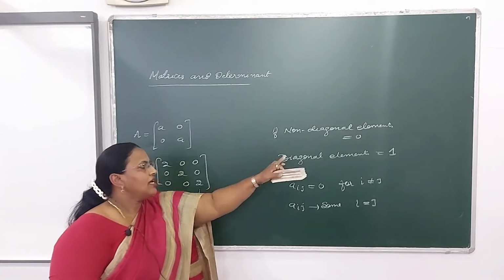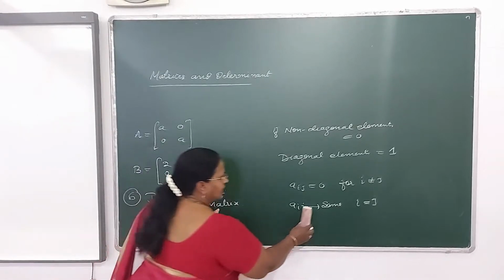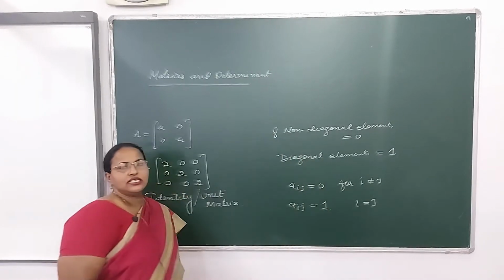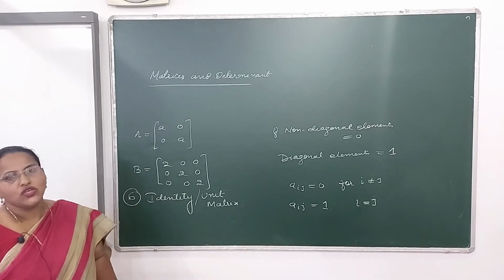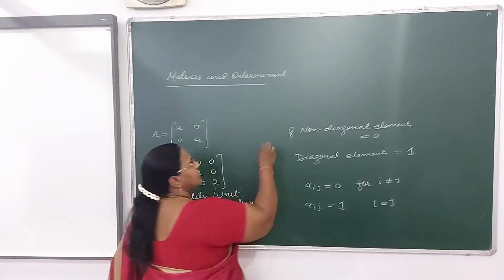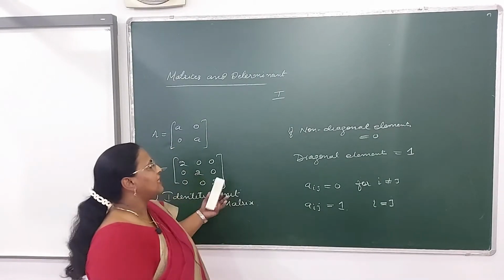So if the non-diagonal elements are 0 and the diagonal elements are equal to 1, then the matrix will be called an identity matrix, or unit matrix. For identity matrix, we denote it by capital I. Now, let us take an example.